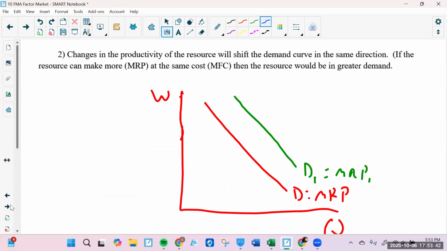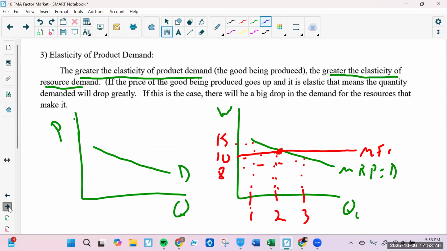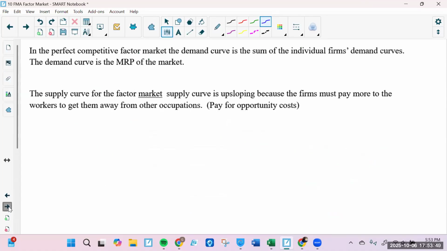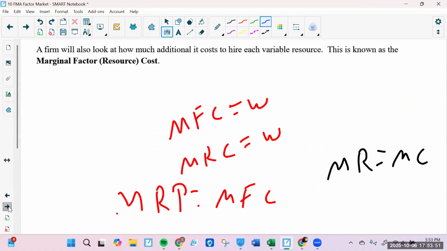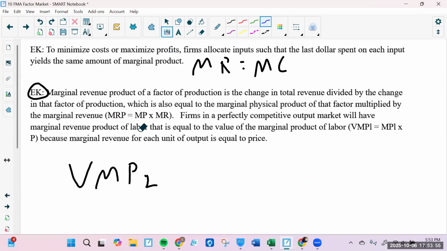Now, why do I want you to know this? Because it could show up in the AP exam. Really, other than that, it's not going to help you in this course. The VMPL is the marginal product times price. And since price doesn't change for perfect competition, it's the same thing as your MR curve, which we're about to see here.